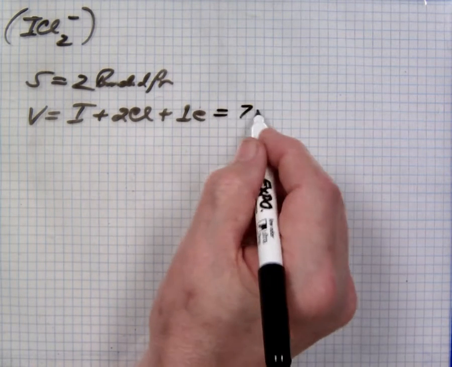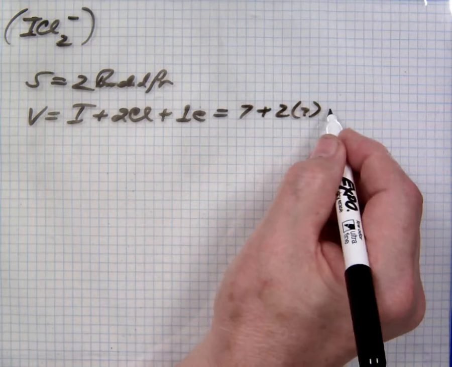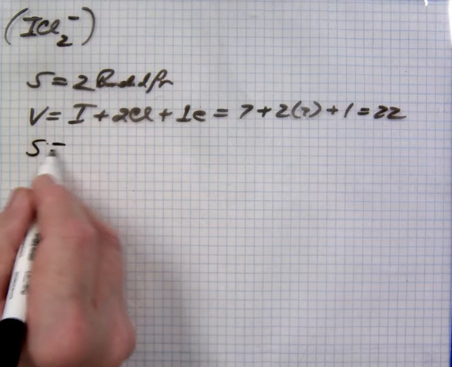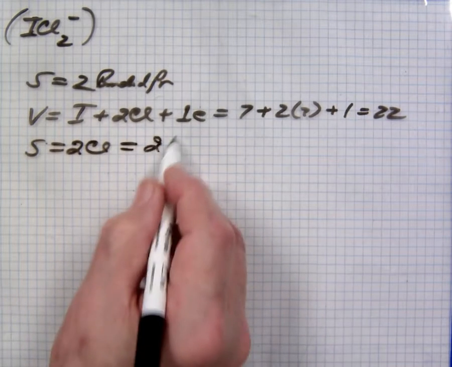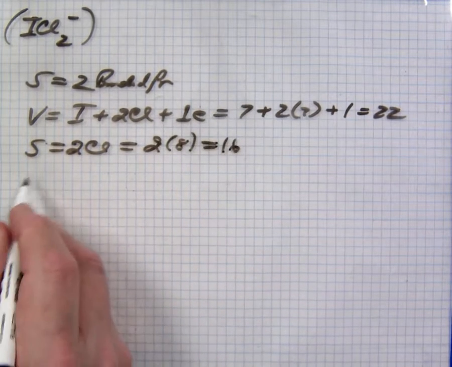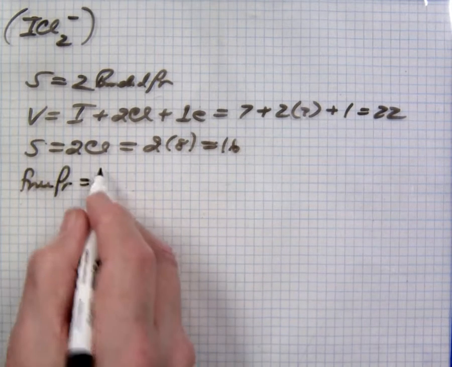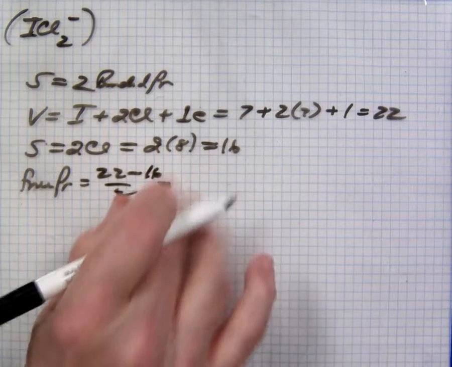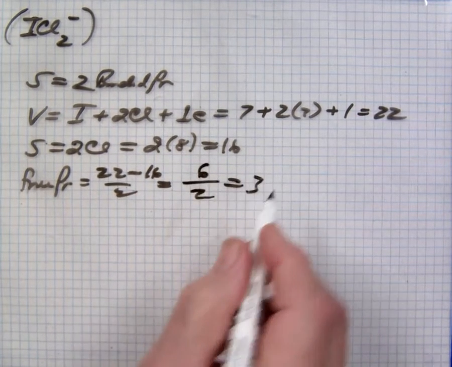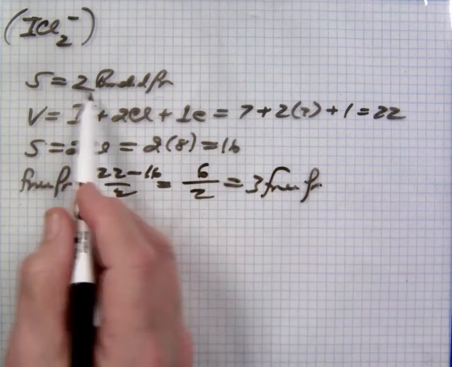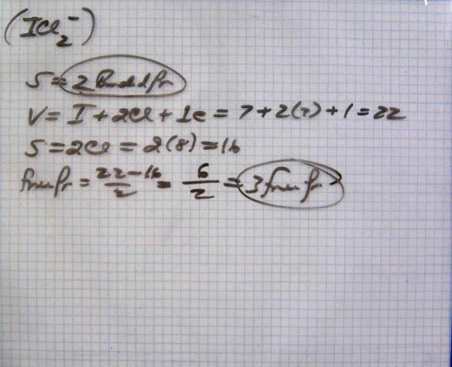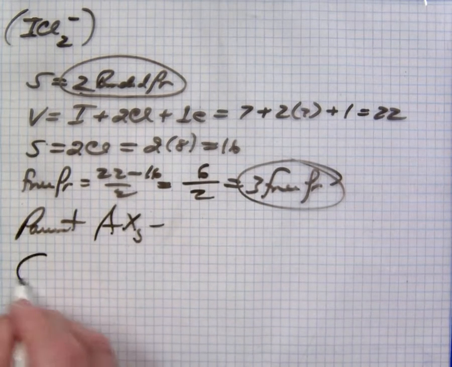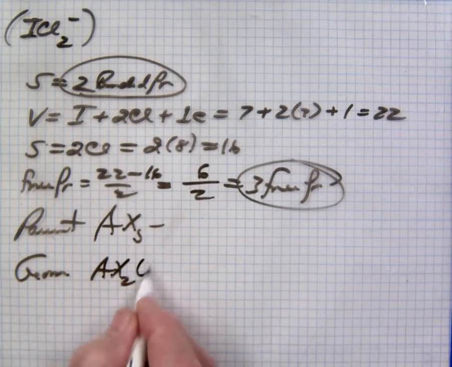And so we have 7 plus 2 times 7 plus 1, 22 is your valence number. Substrate number, you have 2 chlorides, that's 2 times 8 is 16, so free pairs is now 22 minus 16 over 2, 6 over 2, or 3 free pairs. So you got 2 bonded pairs, 3 free pairs, so that would give you a parent of AX5 and a geometry of AX2E3.